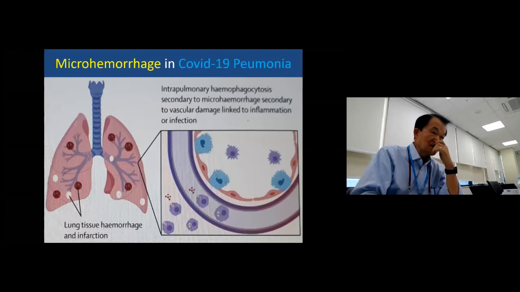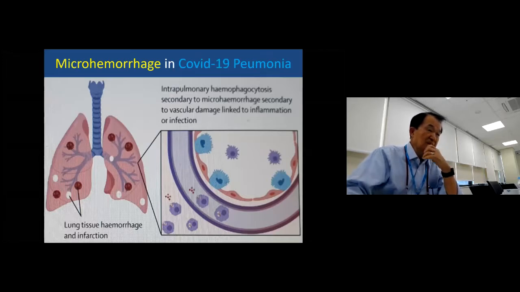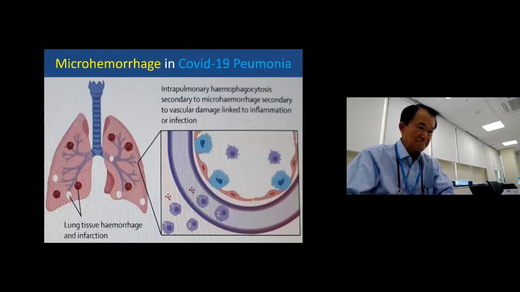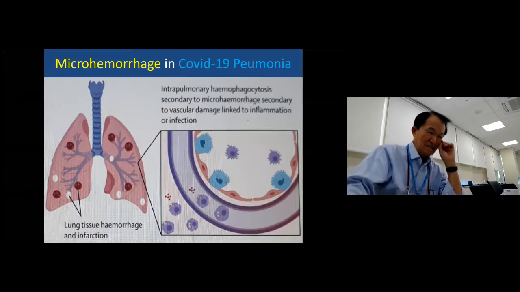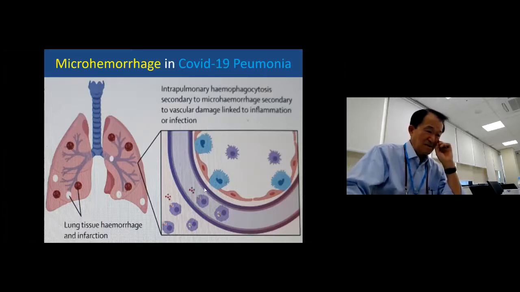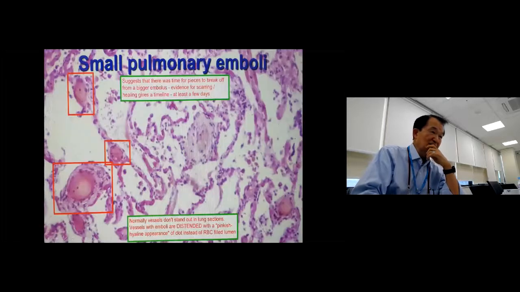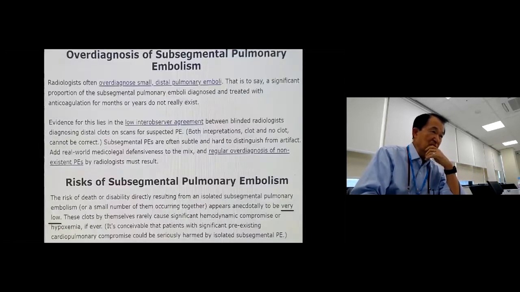So intrapulmonary hemophagocytosis, they call microhemorrhage. Microhemorrhage by the inflammation: inflammation damages the vascular wall and that makes a hemorrhage. That may be a hemorrhage in COVID-19 pneumonia.